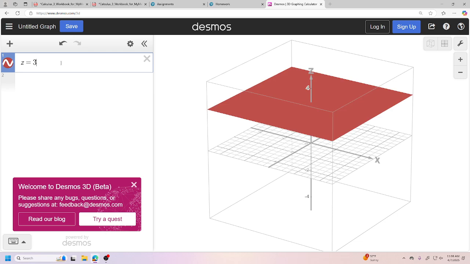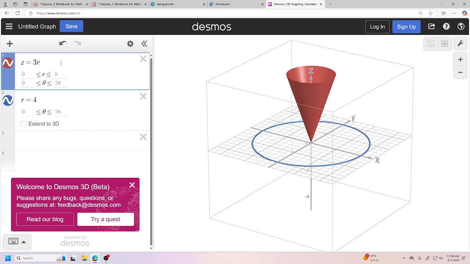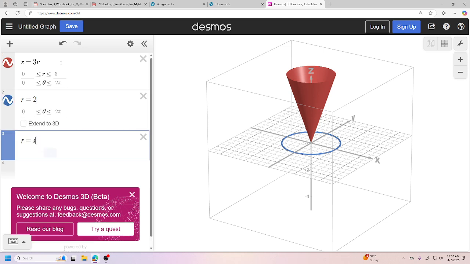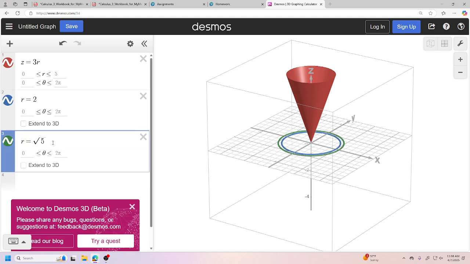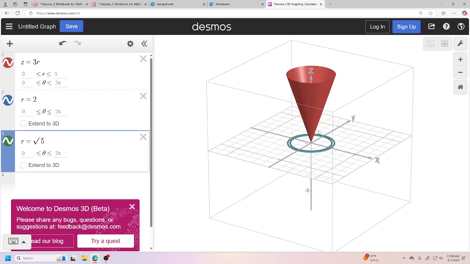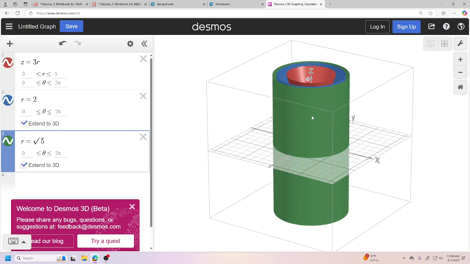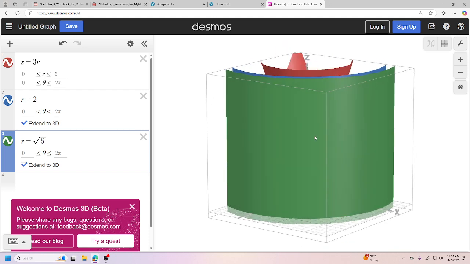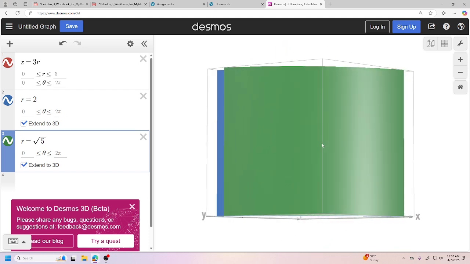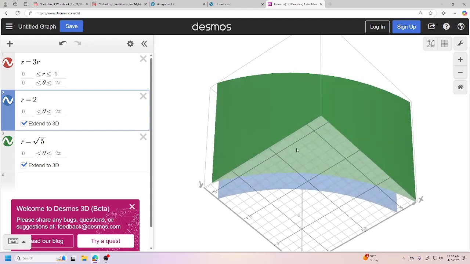Yes. So there's my cone, and then I've got 4. No, it's not r equals 4, it's r squared equals 4. But see how this is just a circle. It's not really showing me what's going on there. Okay, because we're looking at the inside of it in a way.